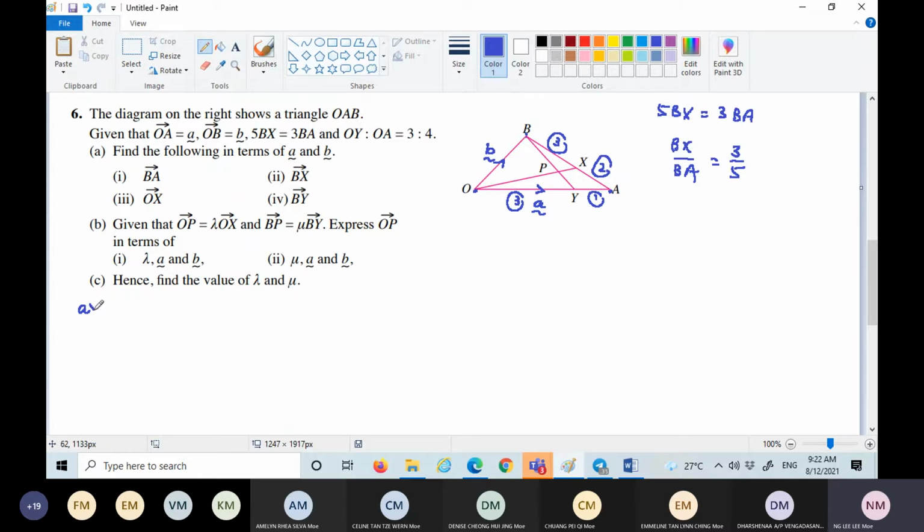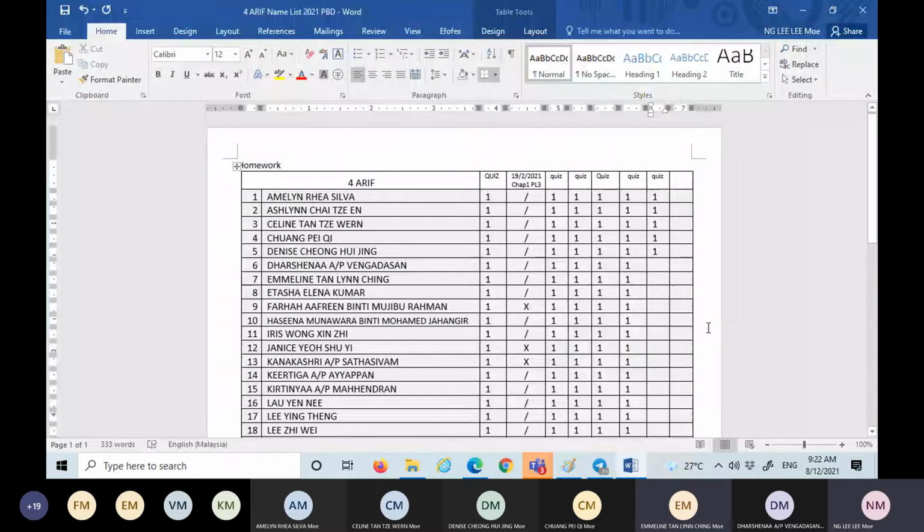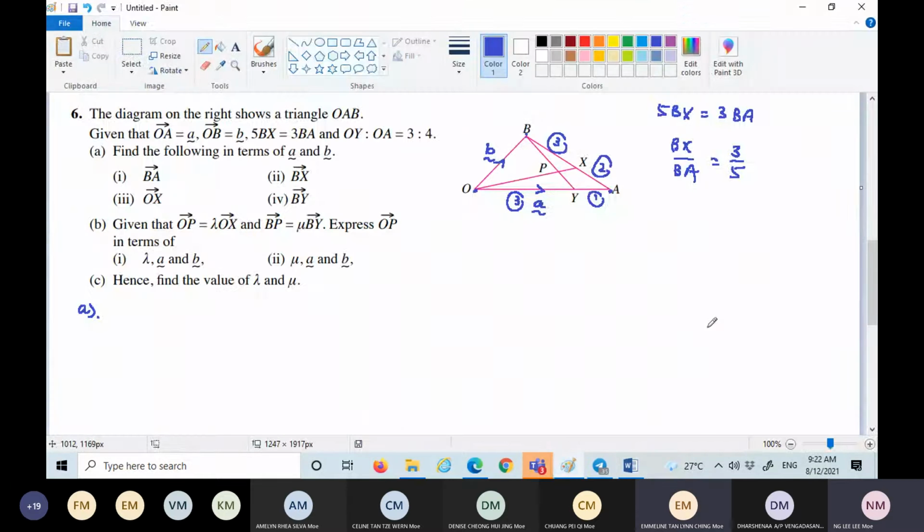Next, part A. Find the following in terms of A and B. So you have to involve OA and OB, because this is the A and this is the B. So we start with BA. The next girl, please help me. Emelina, BA, from where to where can you go, from B to A. BA is BO to OA. BO you have the information, OA also you have the information.